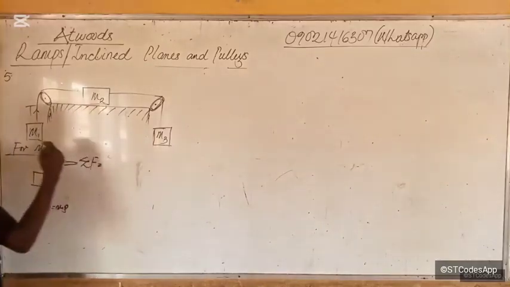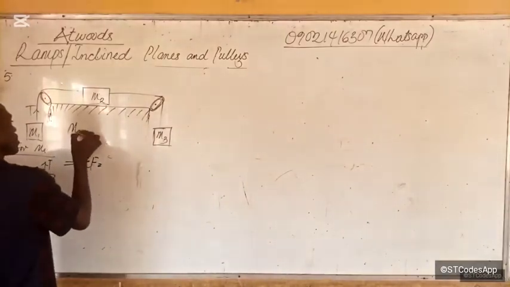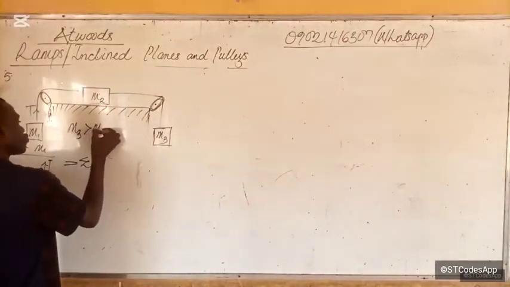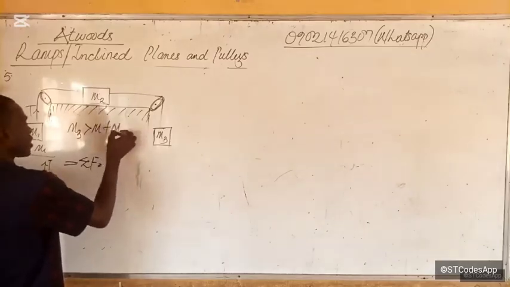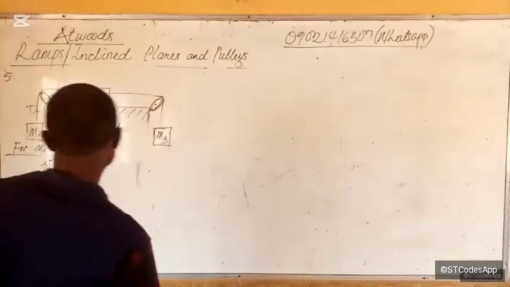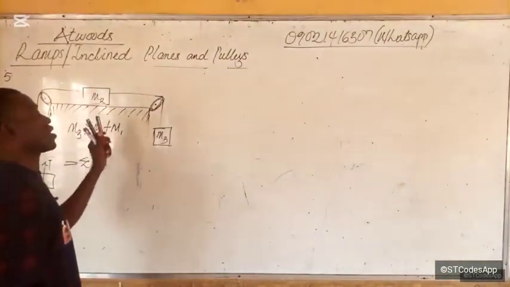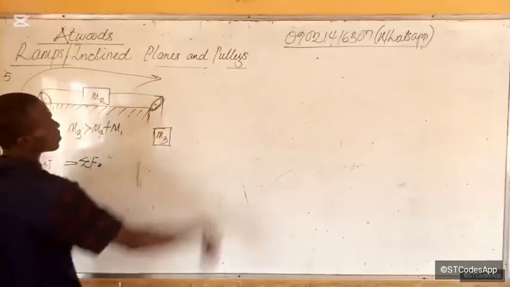which one is greater here? If m3 is greater than m2 plus m1, so this is a condition, please, let's add this condition. If m3 is greater than m2 plus m1, the system will go in this direction.